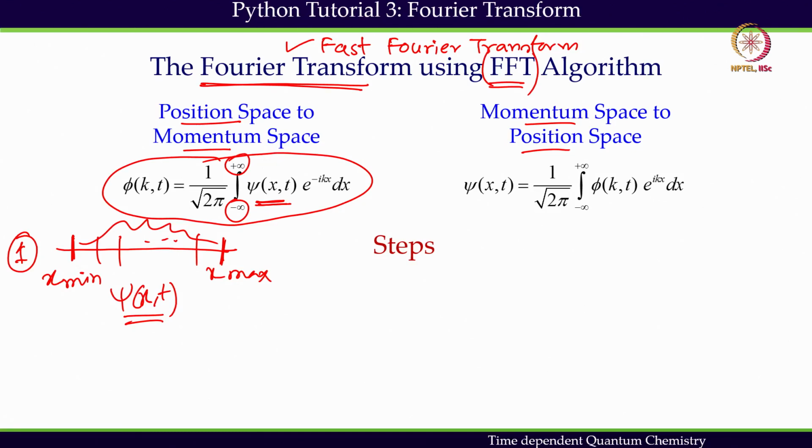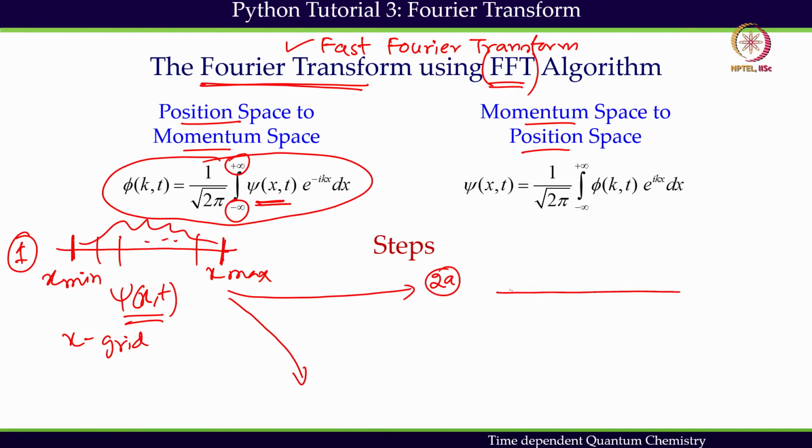Now, once we have represented the wave function in the x grid, there are two points we have to take care of. First, we have to create the k grid, and on this k grid we will be representing the Fourier transformed wave function.